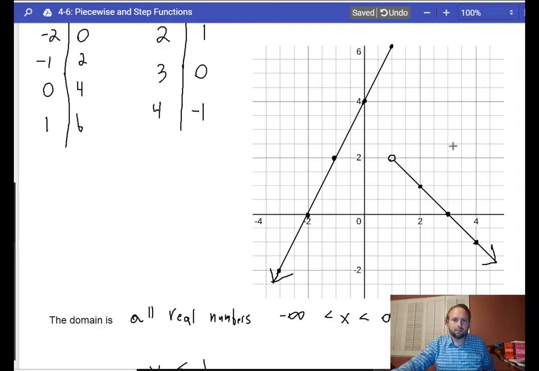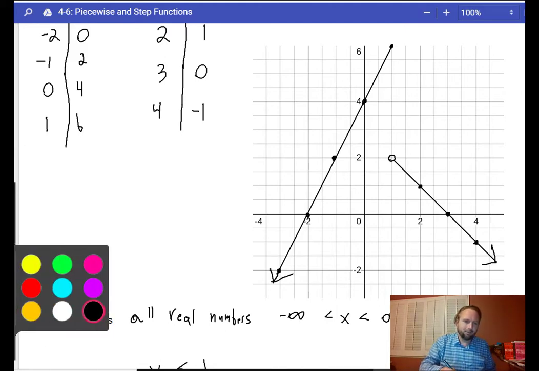All right. There's nothing that overlaps, so it's still a function. When we do a vertical line test, it only touches this function once. Every input only has one output. Even this point right here, let me circle it in green.